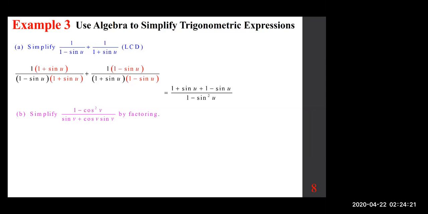You're putting them together. The numerator changes to 2. The denominator changes to cosine squared, which is the same as 2 secant squared u. Okay, 2 secant squared u.